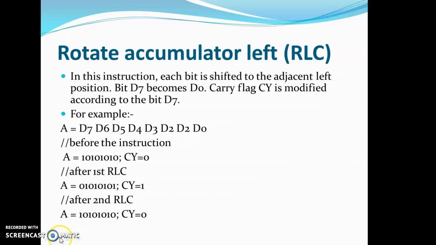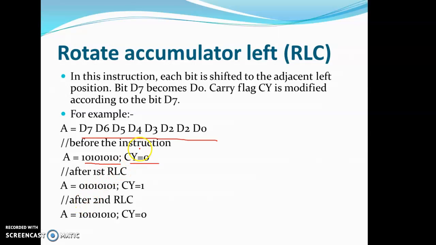Suppose register A, the accumulator, has data D7 to D0, with the value 10010101 before the instruction, and CY equals 0, the carry flag is 0.